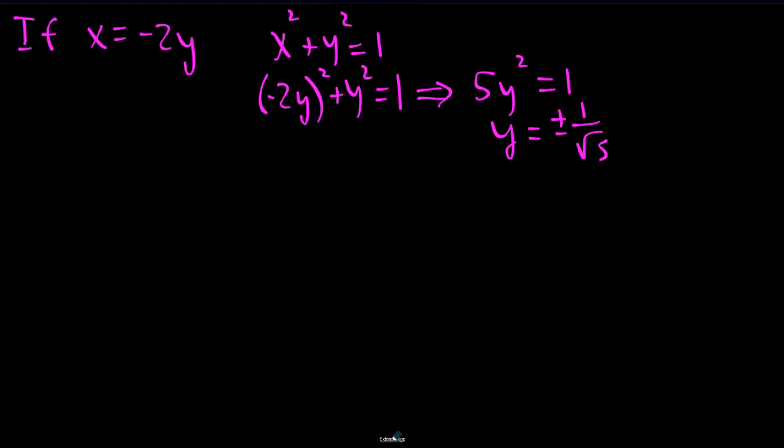Okay, now, that being the case, we've now got 2 points, putting that together. So x equals negative 2y. So here's what we've got. We've got 2 points that we're going to plug in.